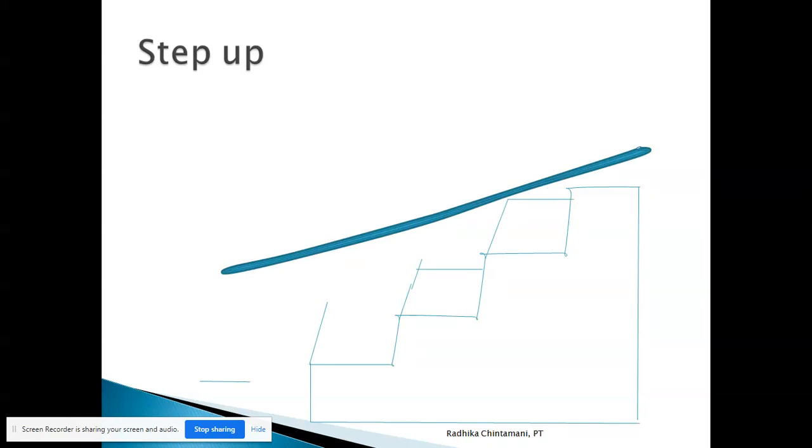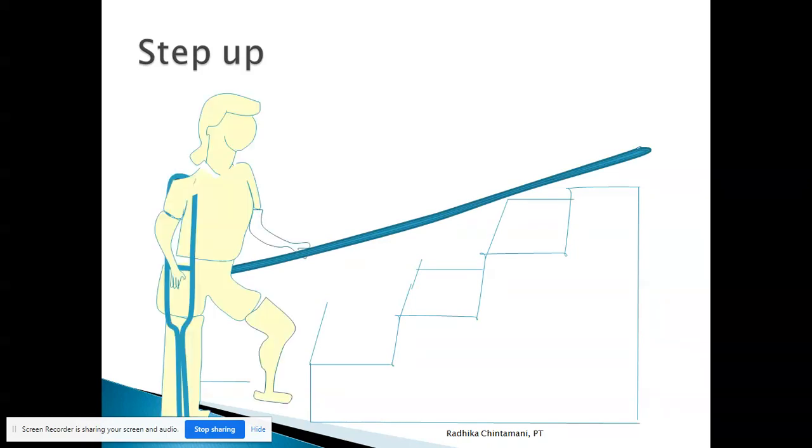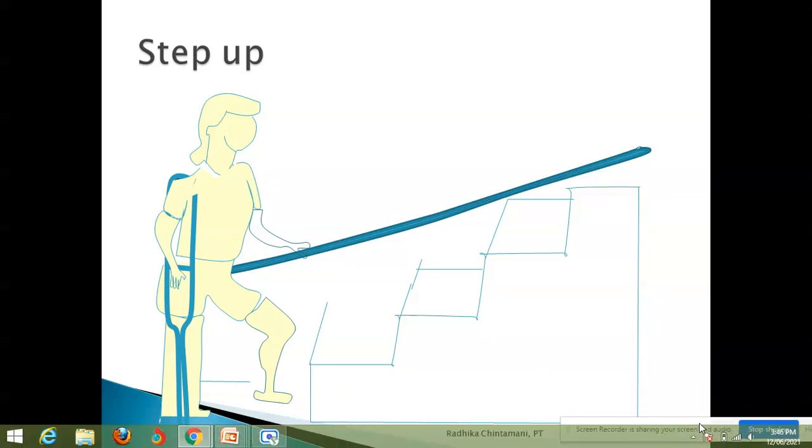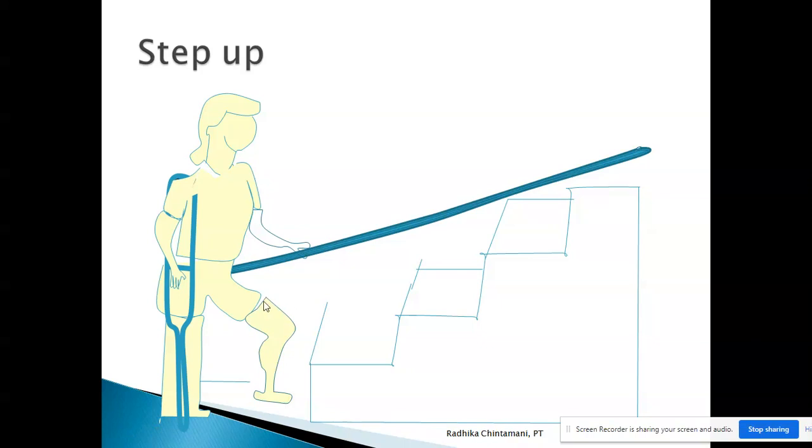Taking this to be a staircase, this is our patient who has a bad leg and a good leg. You can either give crutches bilaterally, but I have not drawn the crutch because the railing is present. When you want a patient to do a step up, that is staircase climbing up, look how she does.